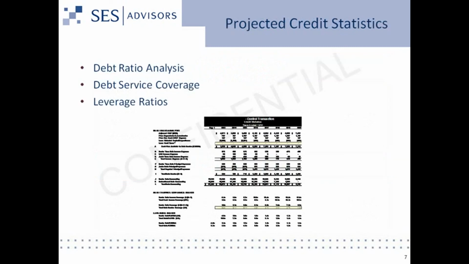So here, as we pointed out, there is a great deal of iterative analysis, and we're going to look at the ratios, we're going to look at coverage, we're going to look at leverage, and we're going to do iterative modeling to see what's the most levered we can make this company that we're comfortable with, and how long we can stretch it out.